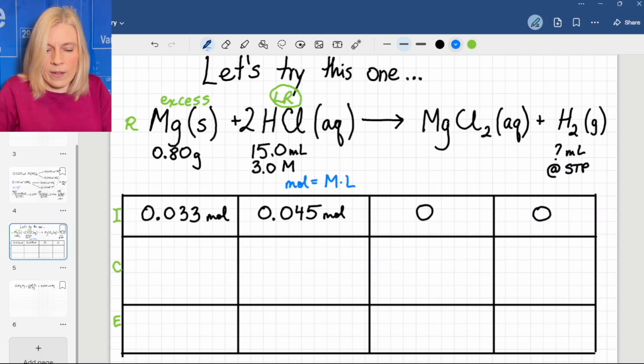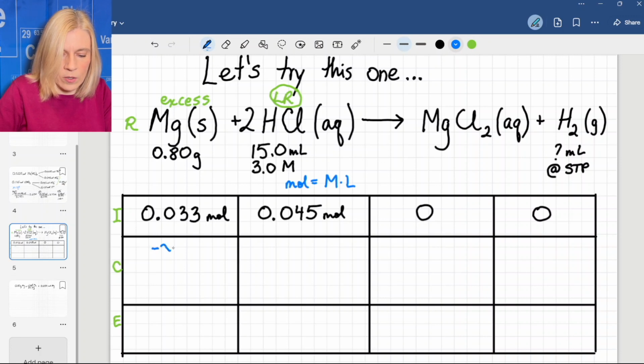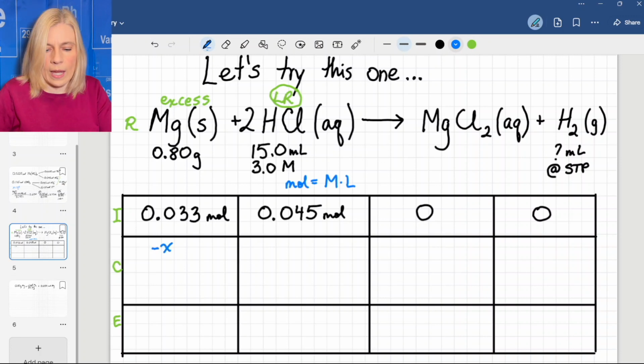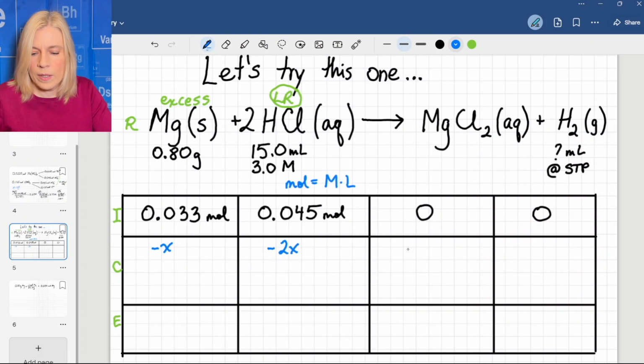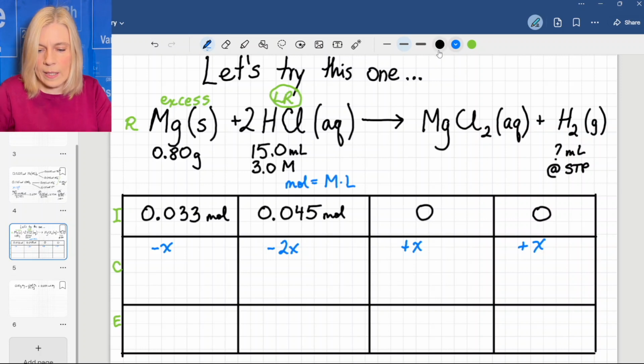And for every 1 mole of magnesium that is used up, 2 moles of hydrochloric acid are used up. 1 mole of magnesium chloride is made, and 1 mole of H2, hydrogen gas, is made. So these will be my ratios: minus x, minus 2x, plus x, plus x.